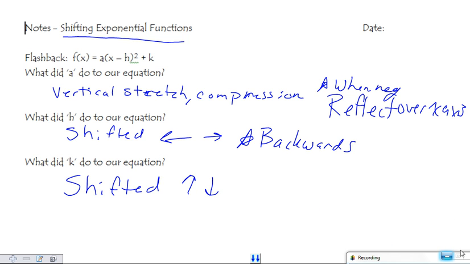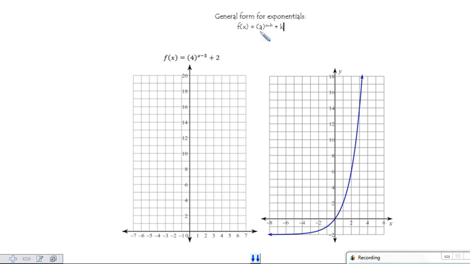Okay, so keeping that in mind, when we have our exponential equation, a to the x minus h plus k, we still have a very important point. It's not actually a point of inflection anymore, but we can still kind of think of it that way. We can put it in quotes, and we still want to look for the opposite of h.